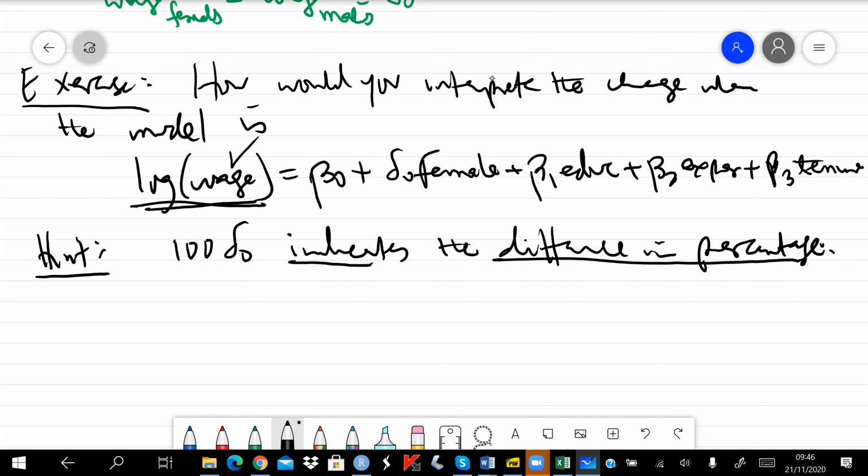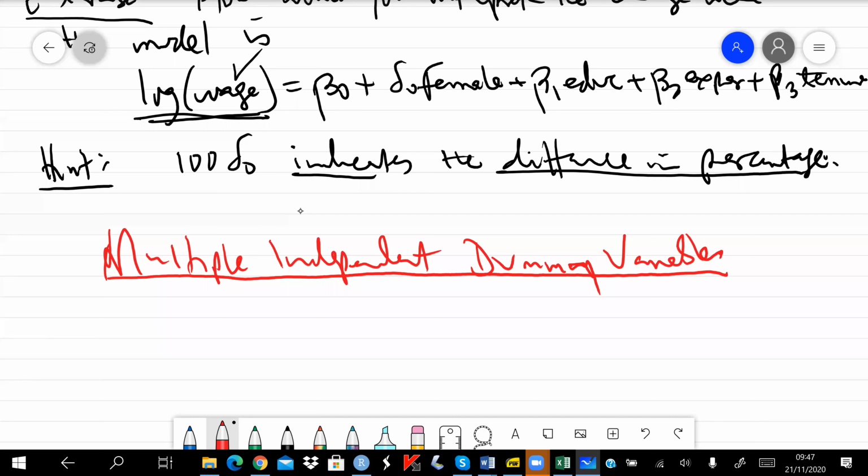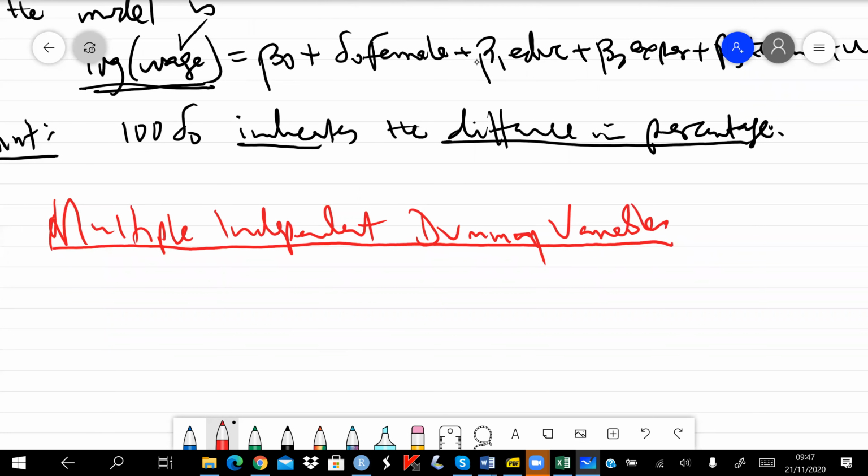Okay, so I want us to look at cases where we have multiple independent dummy variables. When you have more than one dummy variable as independent variables. So multiple independent dummy variables.